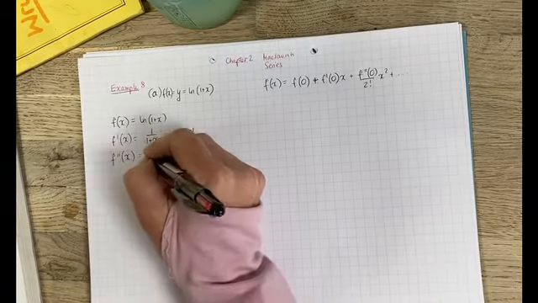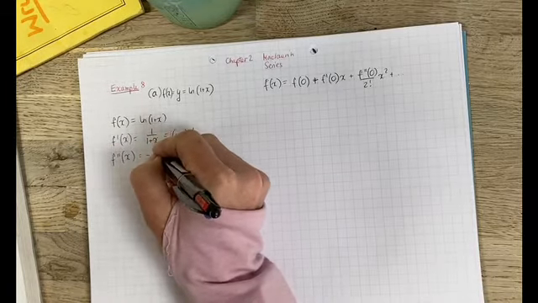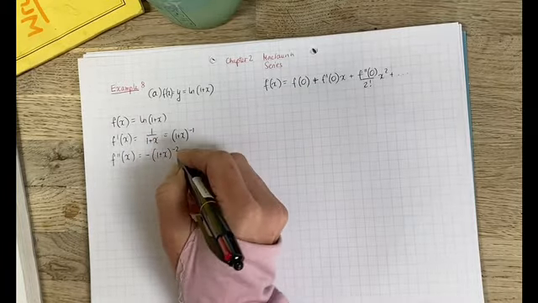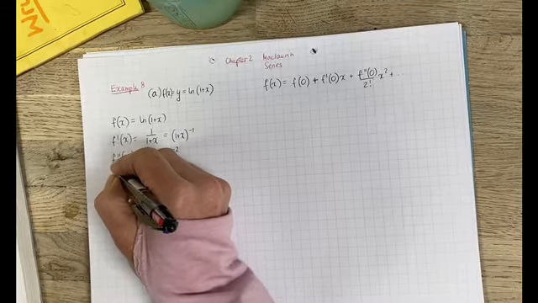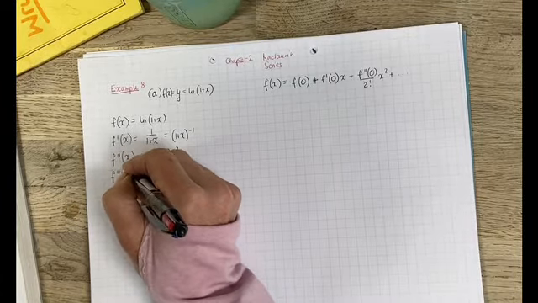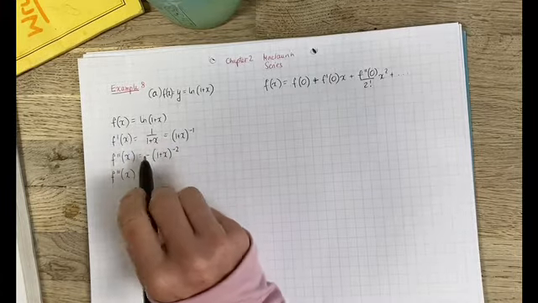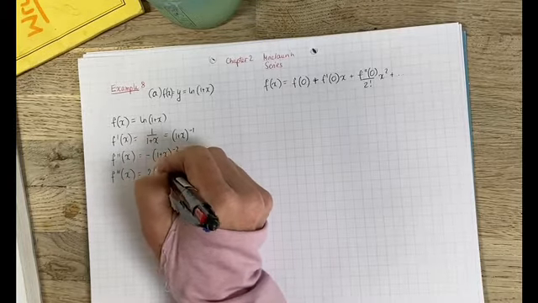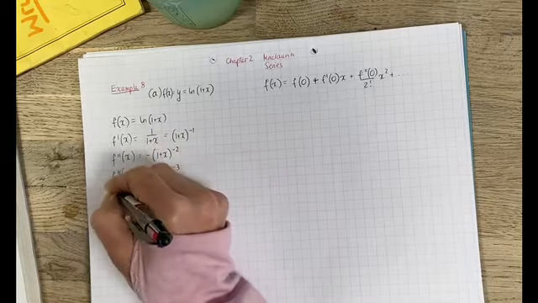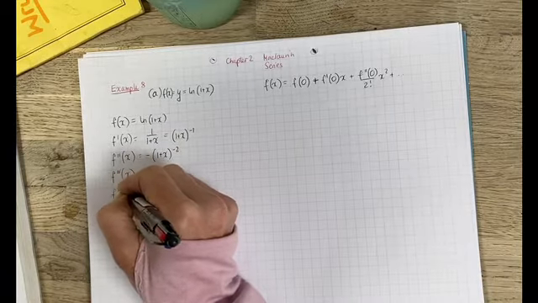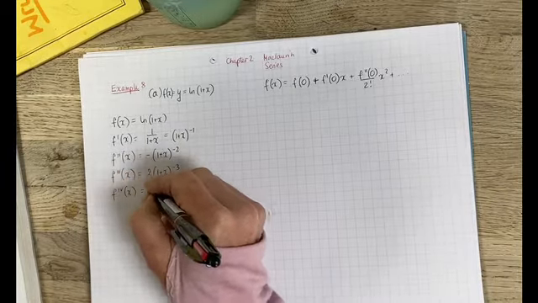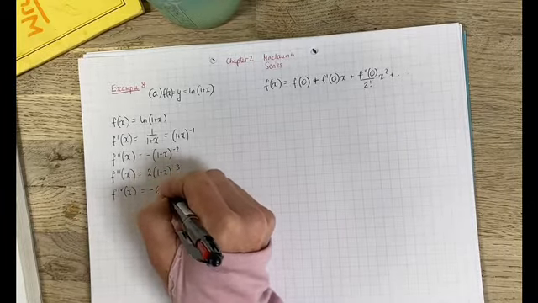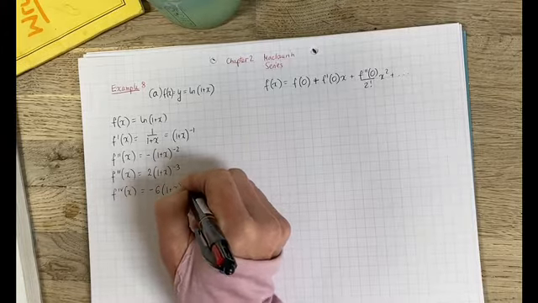Minus 1 comes down, so we've got minus 1 plus x, take 1 off the power, multiplied by 1 stays the same. f triple dash, minus 1 times minus 2 becomes 2, 1 plus x, take 1 off the power, we've got minus 3. The fourth derivative gives you 3 times 2 is 6 with a minus, minus 6, 1 plus x to the power of minus 4.